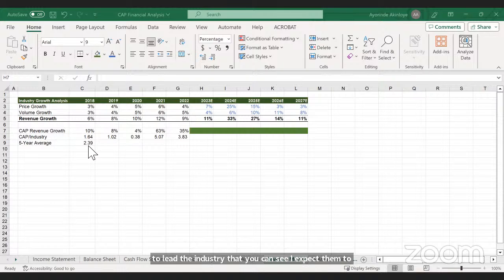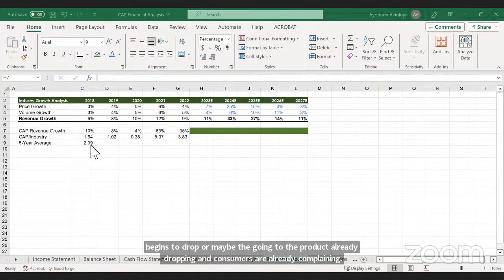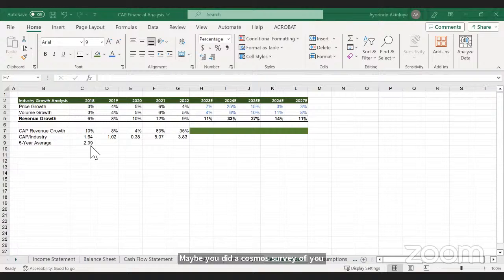But if you expect that CAP will lose its grip on the industry, maybe its control over pricing, or you expect the quality of their products to begin to drop, or the quality is already dropping and consumers are already complaining, maybe you did a consumer survey of different paints. That is another angle I'm bringing in. You can survey people that buy paints: which one do you prefer?